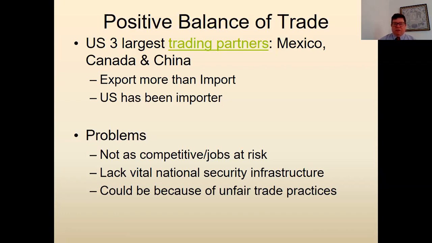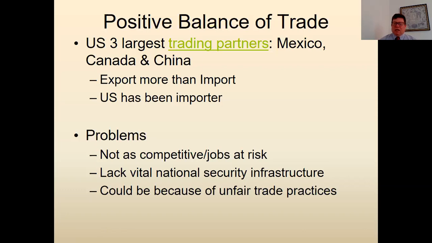Also, and I think we're finding this right now, if we outsource all of our manufacturing, one of the problems is that we lack vital national security infrastructure to make our own products. And I think, in talking about ventilators and various other things that we're producing right now as a response to COVID-19, that will be something we're going to start to think about again in the future.